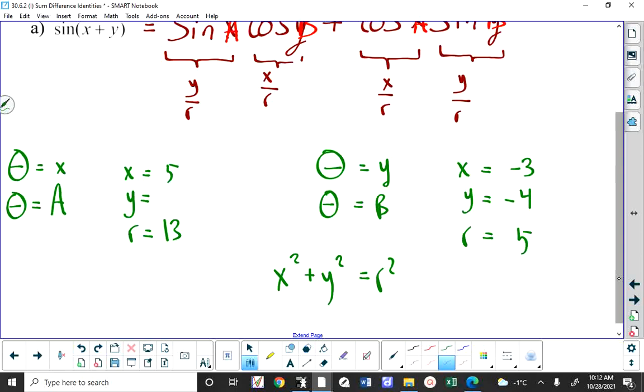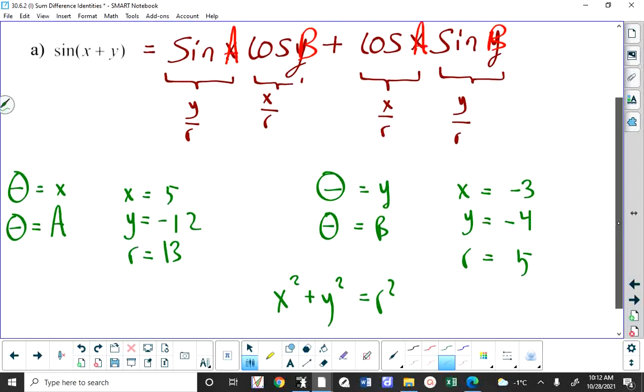You get y squared equals 144, so y equals plus or minus the square root of 144. Y equals plus or minus 12. And since it's in quadrant 4, x is positive and y is negative. See, now we can answer the question.